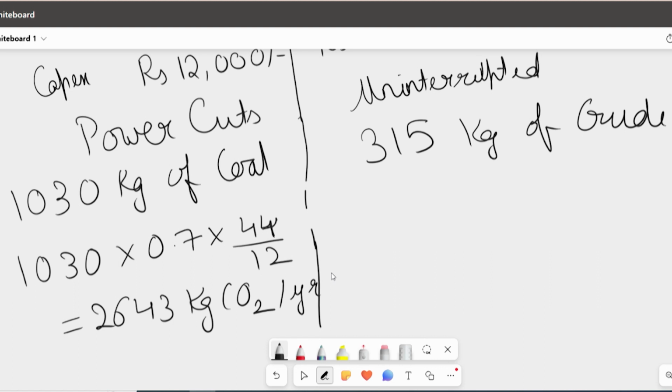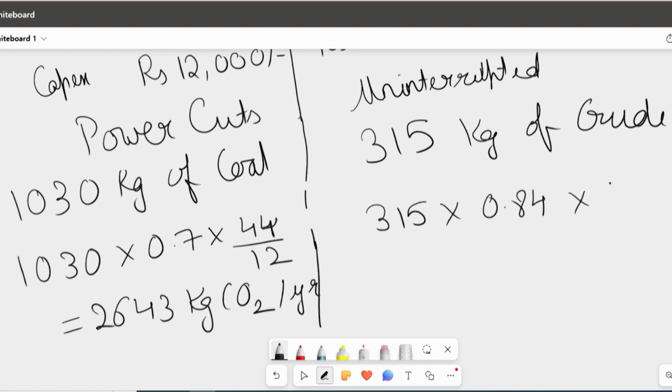Now, if I want to compare that with a system run by diesel, I would have 315 kgs of crude going in, and I multiply that with the carbon content, which I am assuming here to be 84%. Of course, this would vary depending on where the crude is sourced from.